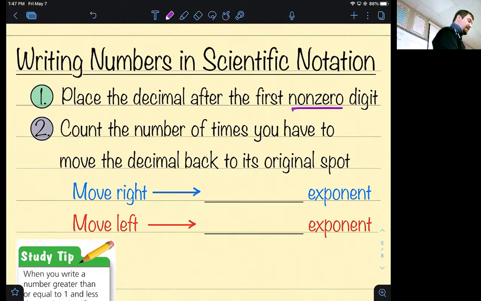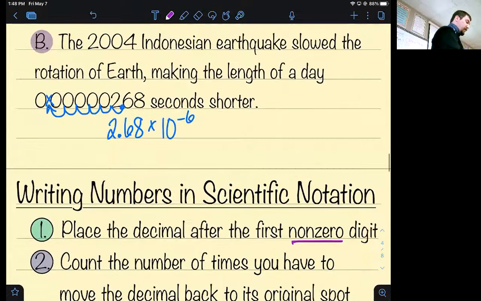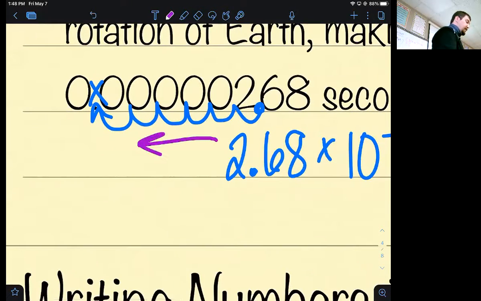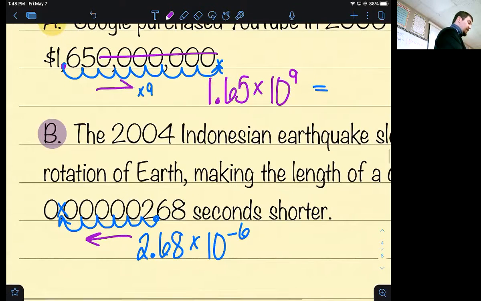If you move the decimal back to the right, you're going to use a positive exponent, because that's a really big number. Big numbers require positive exponents. If you end up moving the decimal to the left, you're going to put a negative exponent. Because if you move the decimal to the left, like in our last problem where Caitlin had to move it to the left, that was because it was a really small number. Move it to the right, that's because it's a really big number.